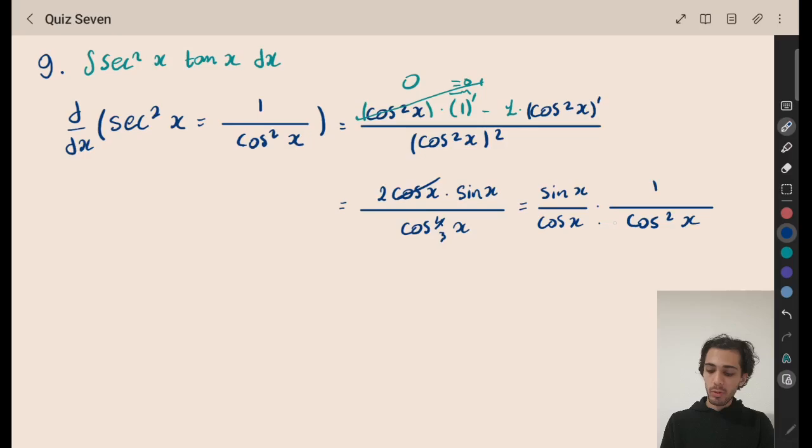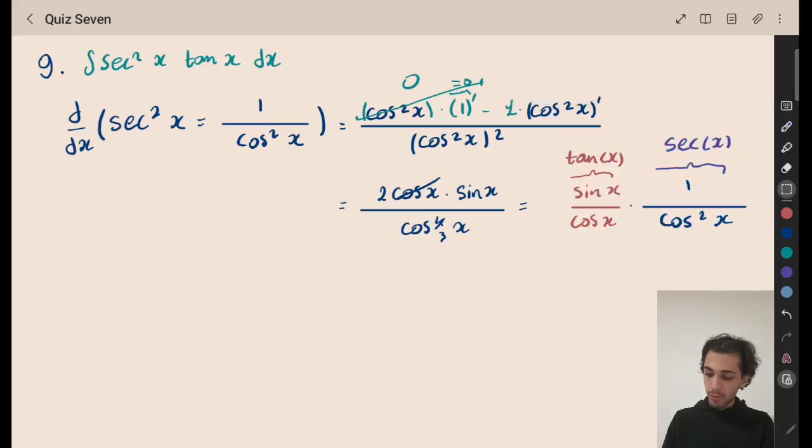Because cosine of x times cosine squared of x is cosine cubed of x, and that's why it works. But then notice that this is the precise definition of the tangent function. And that is the definition of the sec function. But let me not forget, please do not let me forget the 2 that is here.